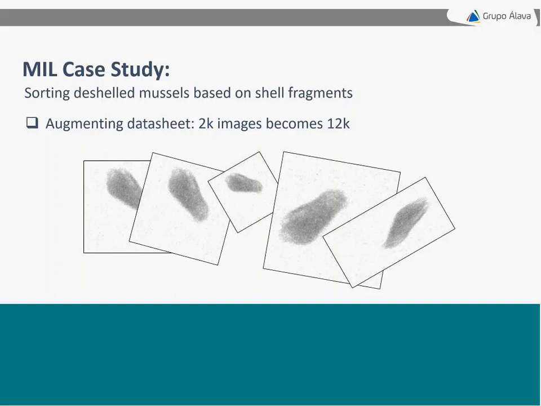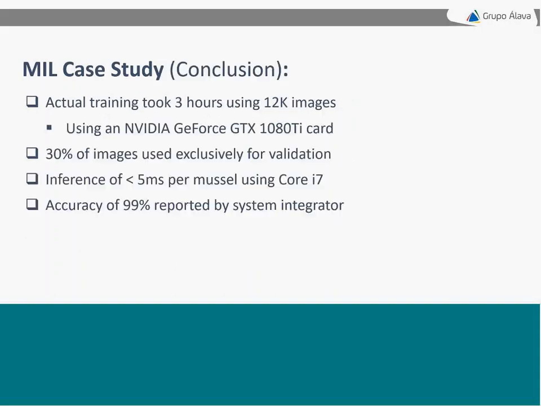We always need different scenarios to train. So 2,000 images became 12,000. The conclusion of this project, using an NVIDIA GeForce GTX card, with 30% of images used exclusively for validation, was a 99% accuracy reported for the system integration.